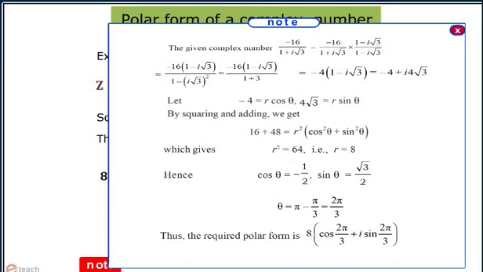Therefore, r is equal to 8. Hence, cos theta equals minus 1 by 2 and sin theta is equal to under root of 3 by 2. Therefore, theta equals pi minus pi by 3, or theta equals 2 pi by 3. Thus, the required polar format is 8 times (cos 2 pi by 3 plus iota times sin 2 pi by 3).